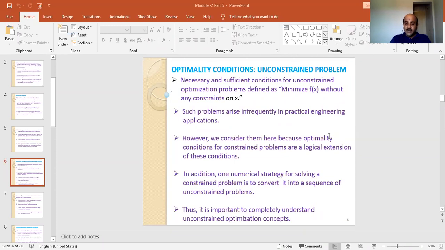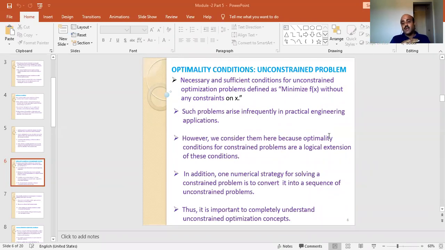In addition, one numerical strategy for solving a constrained problem is to convert it into a sequence of unconstrained problems. So another strategy for solving any constrained problem is to convert it into a sequence of unconstrained problems.